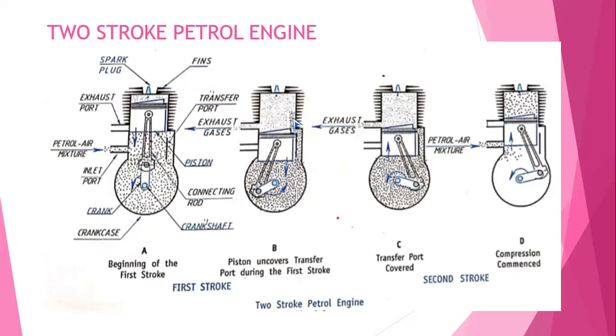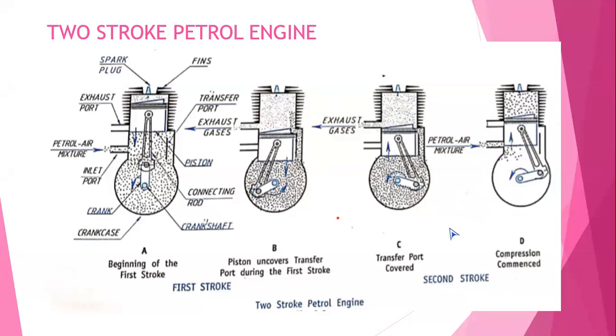Petrol and air moves upward, and here the petrol and air is ignited by the spark coming from the spark plug. Expansion of the gas takes place, and the gas exerts force on the piston. Due to that force, the piston moves upward and downward along with the crank.